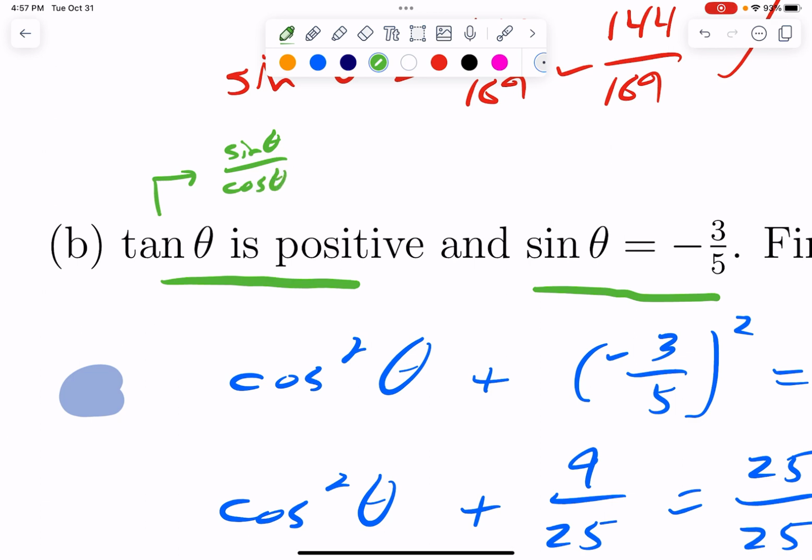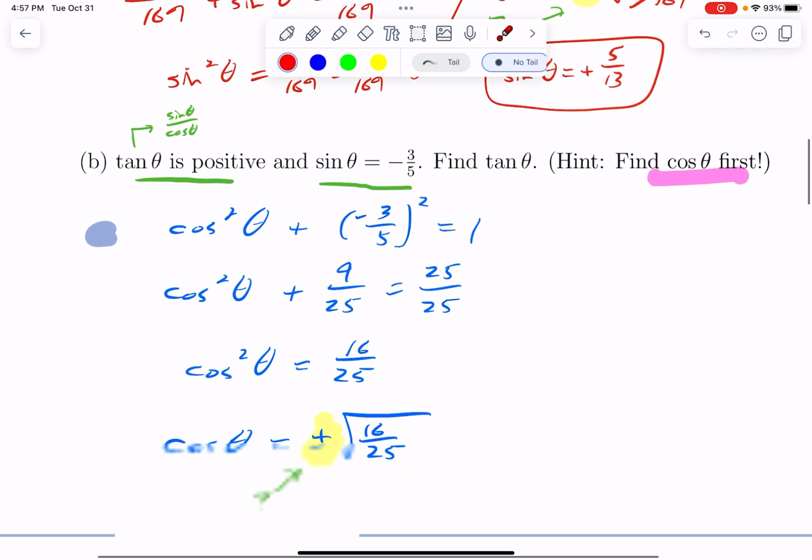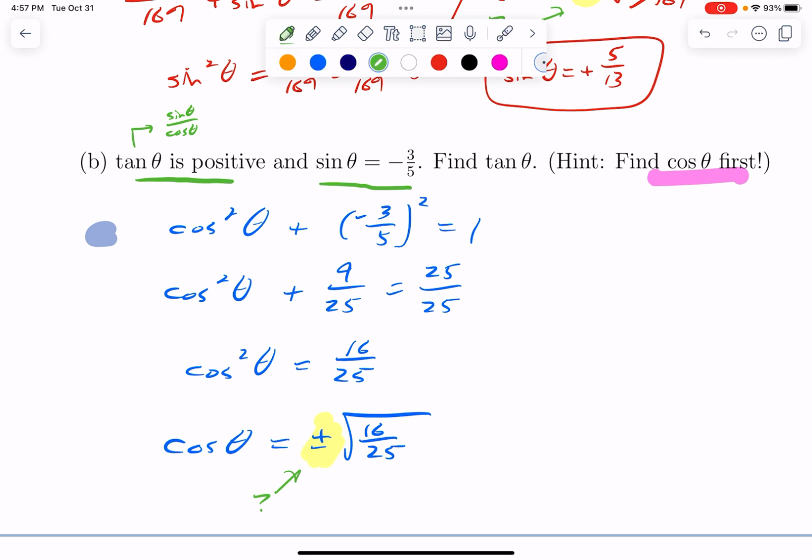A fraction like that would only be positive if top and bottom are both positive, or top and bottom are both negative. Since we know sine of theta is a negative number, that means cosine of theta will also be negative. So we thought about plus or minus, and we realized for this particular example, it must be negative 4/5.